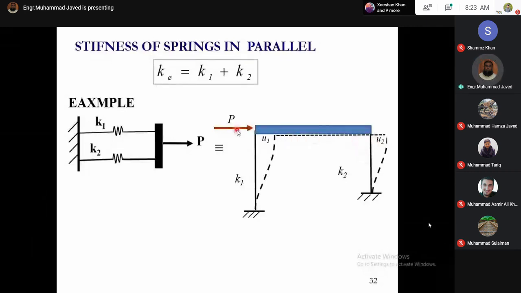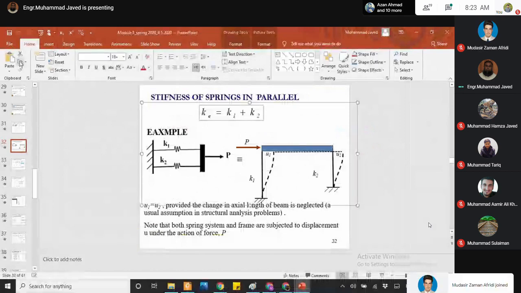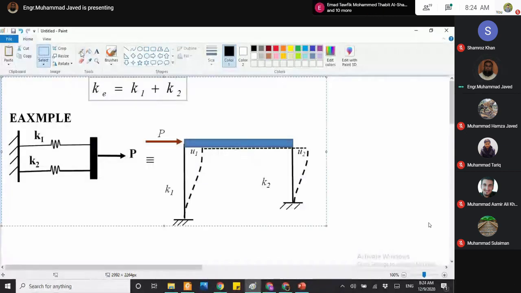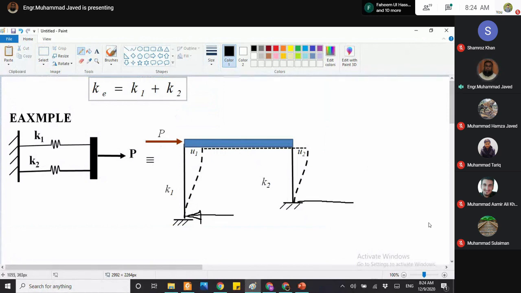When you apply a force, external force P, now part of this force P is resisted by this column, and part of the force is resisted by the second column.